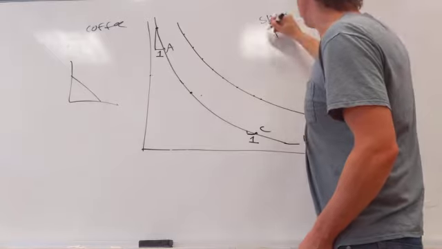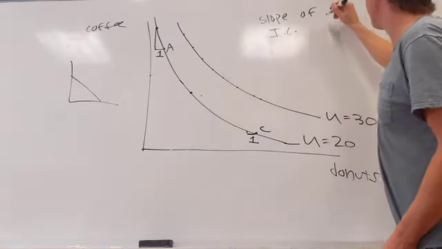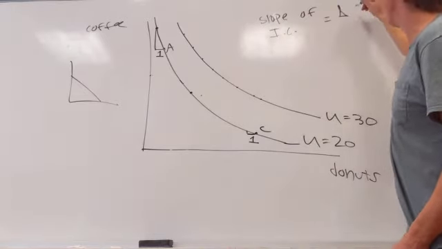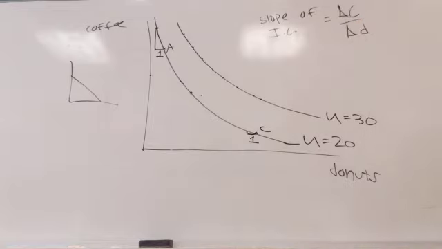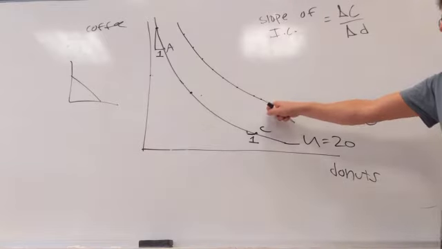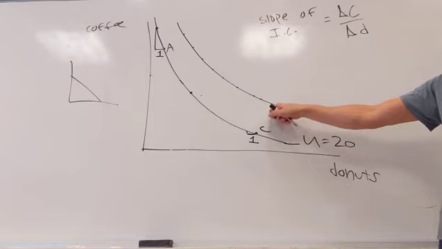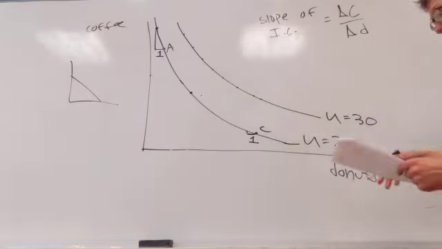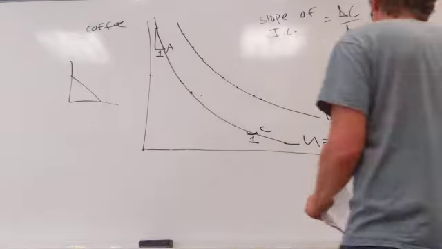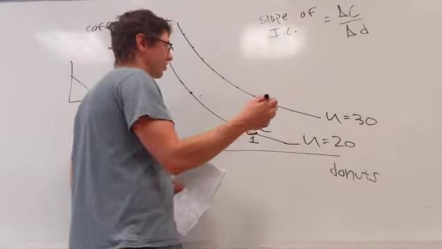The slope of an indifference curve, in general, is the change in coffee divided by the change in donuts. To get a somewhat useful expression for that, I'm going to do something a little different. If I'm going to write an equation for an indifference curve, it could look something like this.